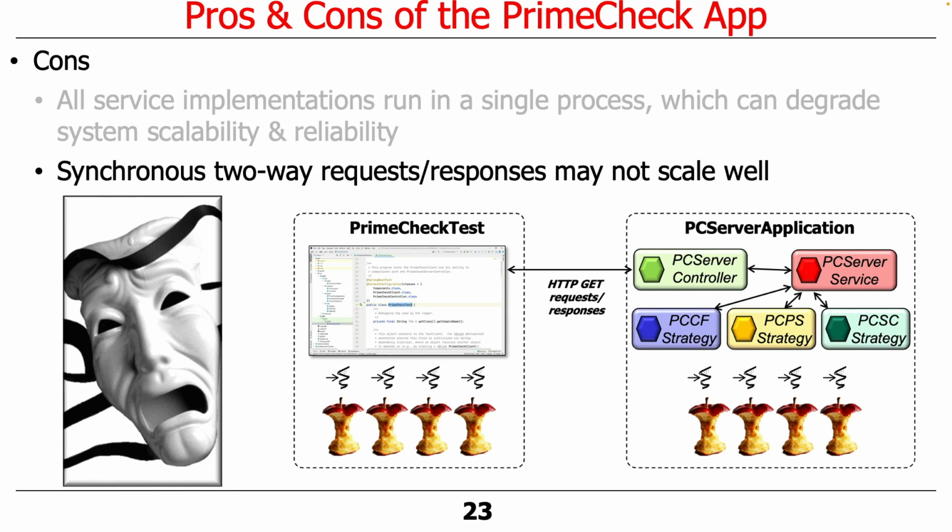And the other issue is these synchronous request-response calls may not scale very well. And that's because we've got a block waiting for the response to come back. That will become more clear when we talk about asynchronous programming with WebFlux. The particular issue here is that, let's say we're going to send over a list of integers to check for primality.